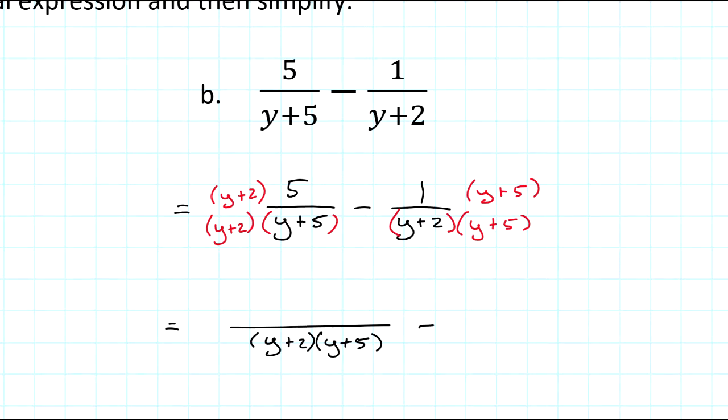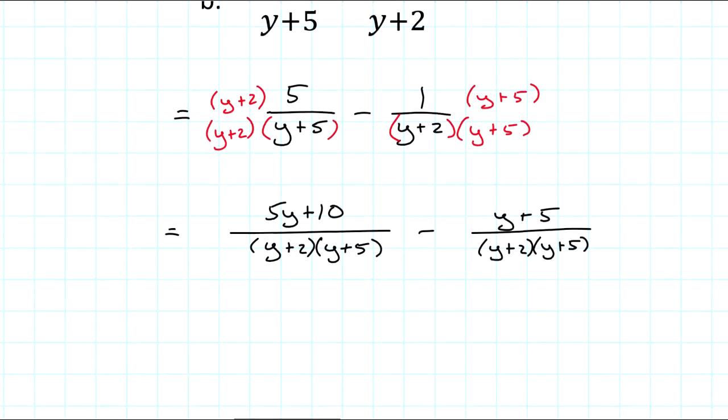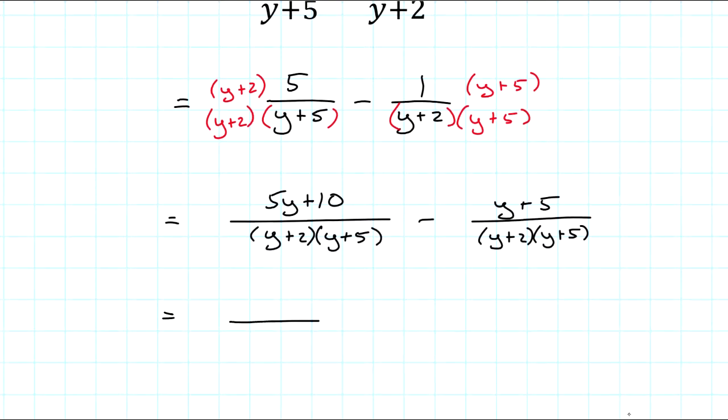Now for our first fraction, we'll multiply the 5 across and we'll get 5y plus 10 on top. For the second fraction, 1 times y plus 5 is just y plus 5 over y plus 2 times y plus 5. And then we want to combine these into a single fraction, y plus 2 times y plus 5 on the bottom.